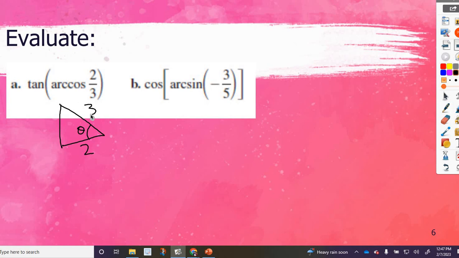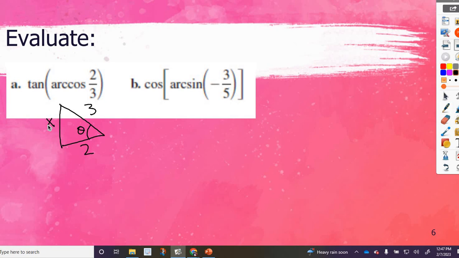I don't know what my opposite is, but basically I've drawn my triangle, and then I'm just going to take tangent of that triangle. So remember that tangent is opposite over adjacent. So I need to figure out what my opposite side is. So what would I use?